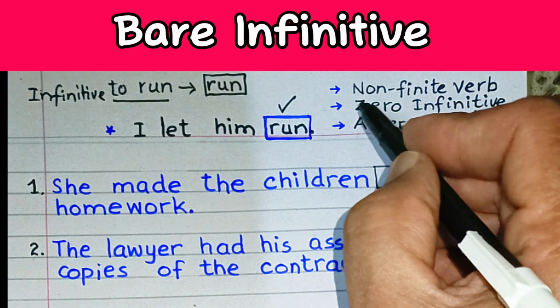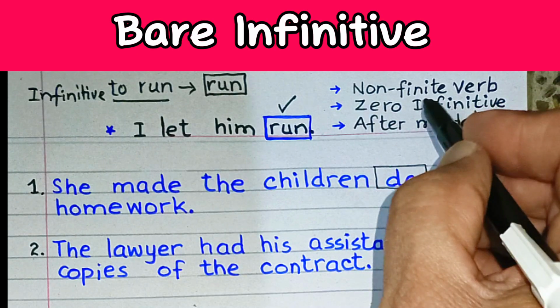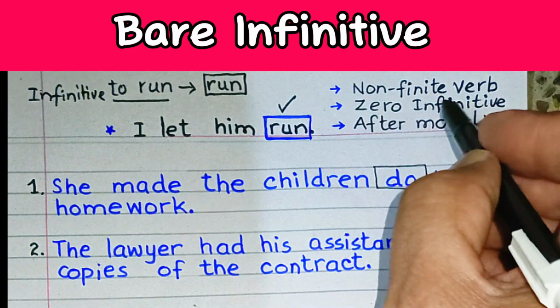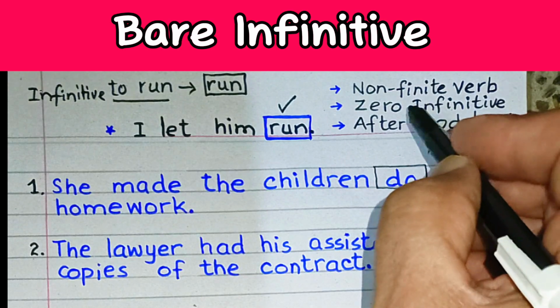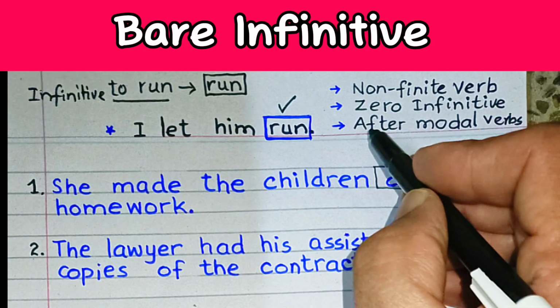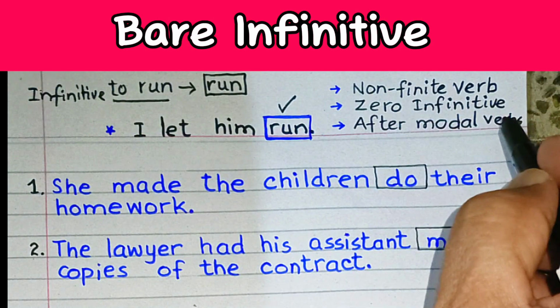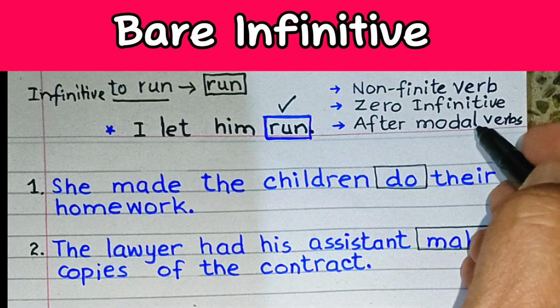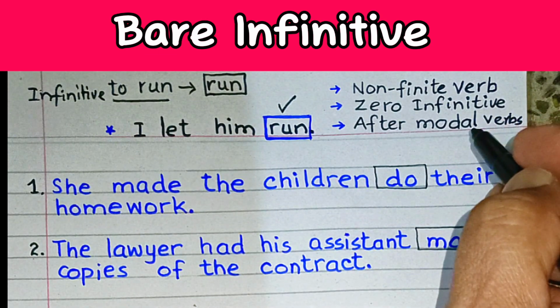Number two, zero infinitive. We may call bare infinitive a zero infinitive. This is the second name. And number three, bare infinitives are put after modal verbs normally. But there are some other words after which we can also put bare infinitives.